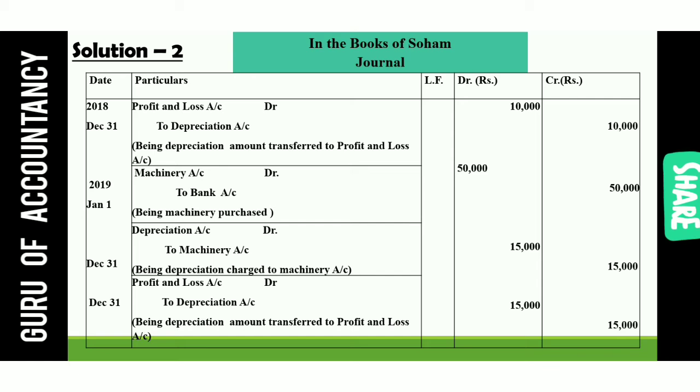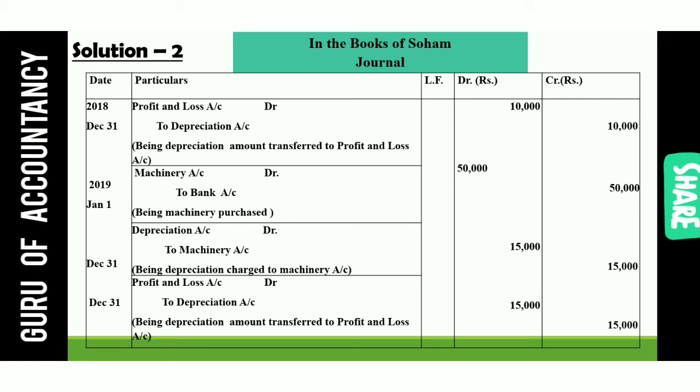Now we have two machines and we will calculate depreciation on both the machines. So on 31st December, depreciation account debit to machinery 15,000. How 15,000? 10% of first machine rupees 1 lakh is 10,000 and 10% of this second machine 50,000 is 5,000.